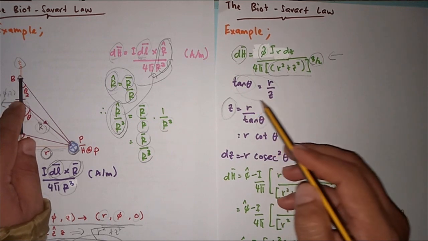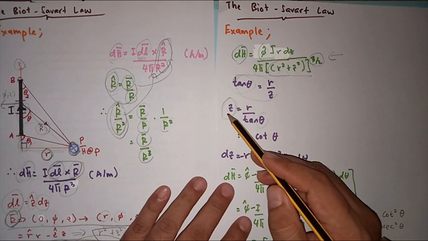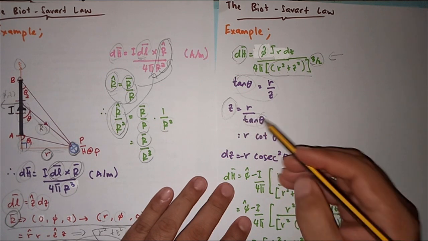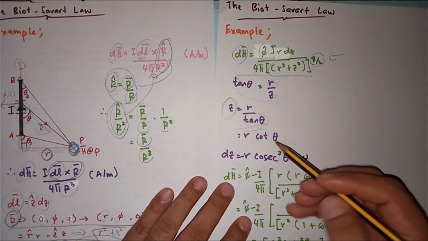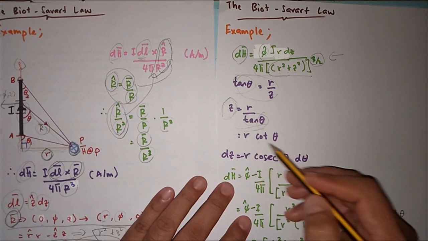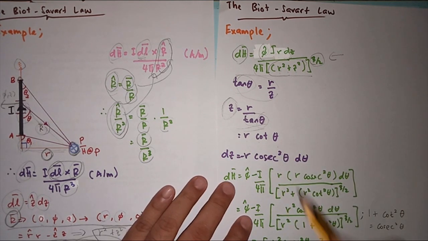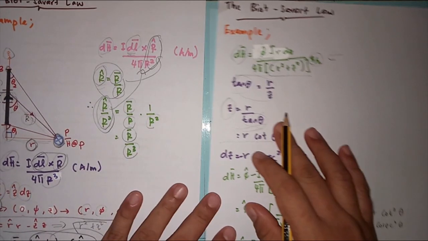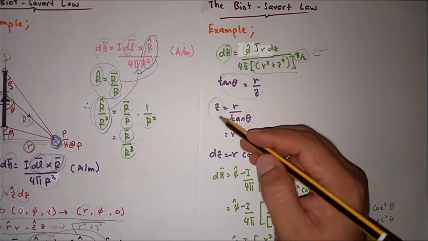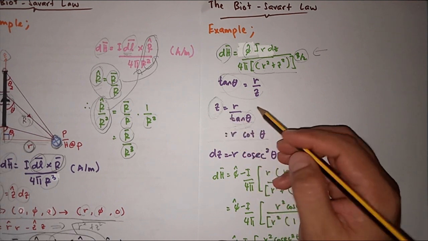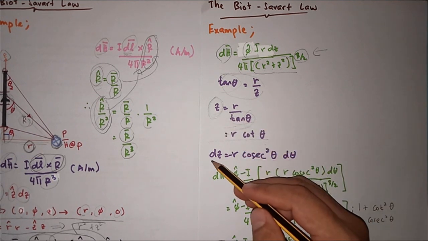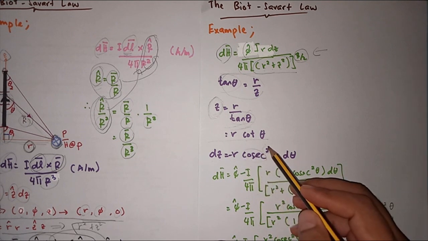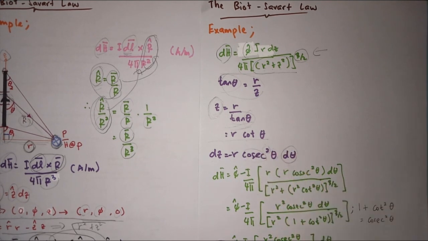If we rearrange this equation, we will have z equal to r divided by tangent theta, or we can express this as r cotangent theta. From this expression, if we perform the derivative operation, dz divided by d theta, we will have dz equal to minus r cosecant squared theta d theta.